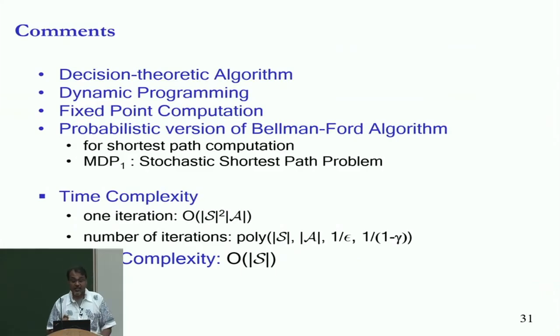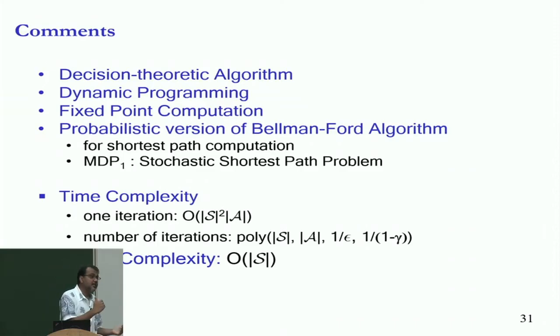You can think of it as the probabilistic version of the Bellman-Ford algorithm. Now, this will require some thought, but what happens in a Bellman-Ford algorithm? You have some Vn function and you send it across the neighbors and they compute their new Vn plus 1 function, and you do it n times and you are guaranteed to converge. That is sort of what happens in a Bellman-Ford algorithm. Bellman-Ford obviously has no probabilities, it is a shortest path algorithm.